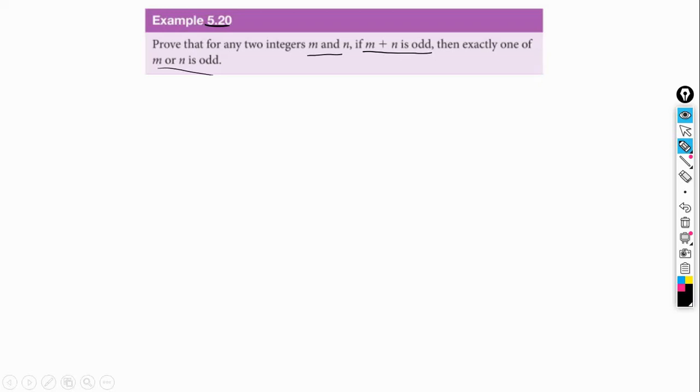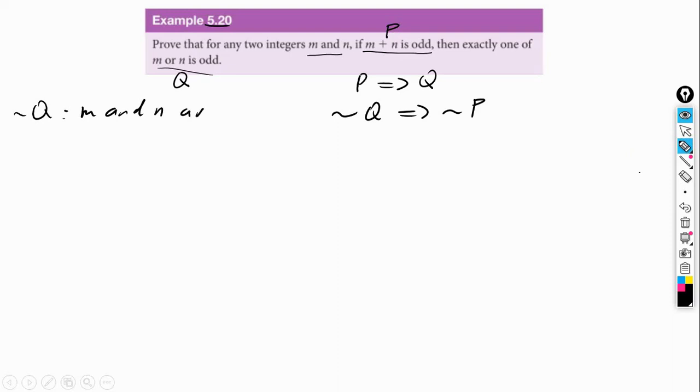So notice that this would be P and this would be Q in the conditional if P, then Q. So then what we're going to prove is if not Q, then not P. So notice that not Q is going to be m and n are both even or both odd.